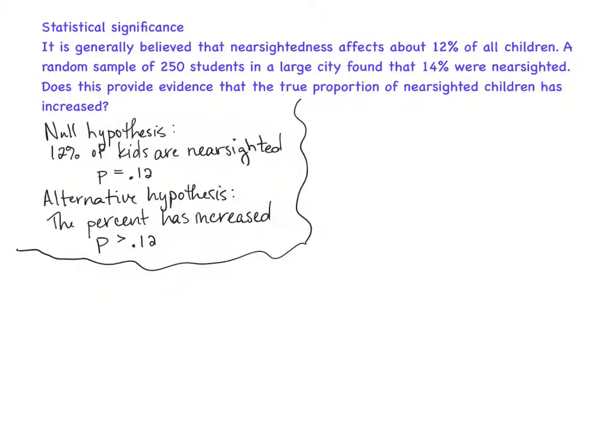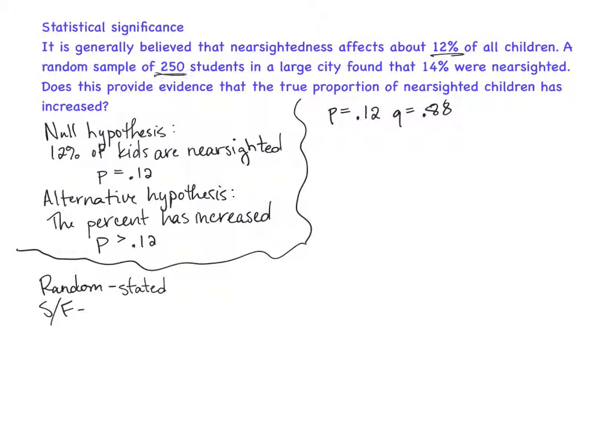We also have to check our conditions for this. This stated that it was a random sample. We have to check our success failure condition. Let's go over to the other side here and write some of the things we know. Our probability of success is 0.12 because we're basing this model on what we think is going on. It means our probability of failure is 0.88.